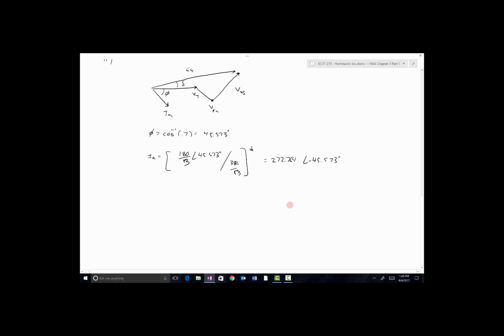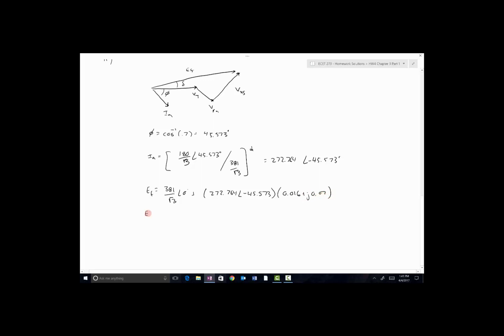Now we can plug that into our calculation for the excitation voltage. That's going to be Vt plus the current times the synchronous impedance of the generator, which again was 0.016 plus j0.07.